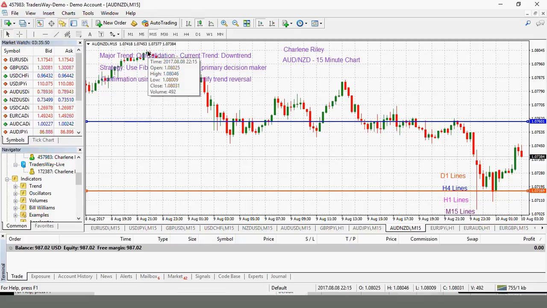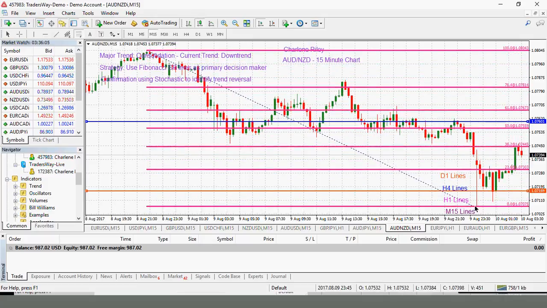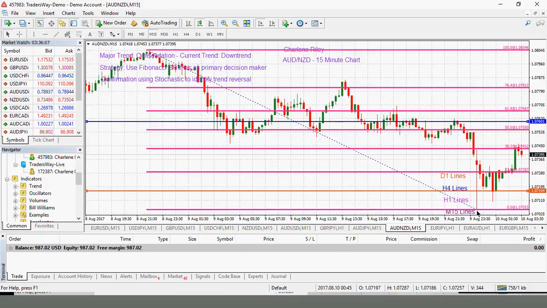We have a high over here and a low over here. So let's plot our fresh fib lines and see how they line up.